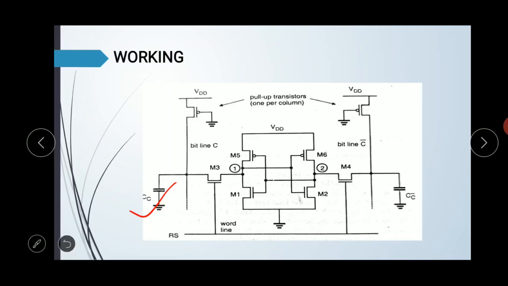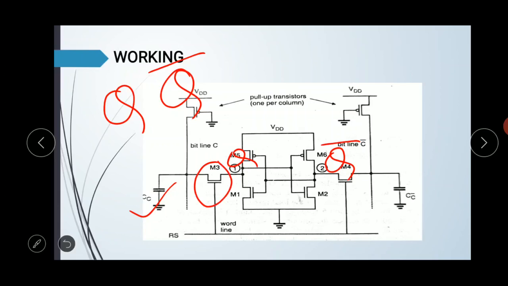When we discussed the inverters connected back to back, there we have 2 outputs, Q and Q bar. So this point is Q and this point is Q bar. Q means one output, Q bar is the other output. These outputs are connected to these access transistors for read and write operation.